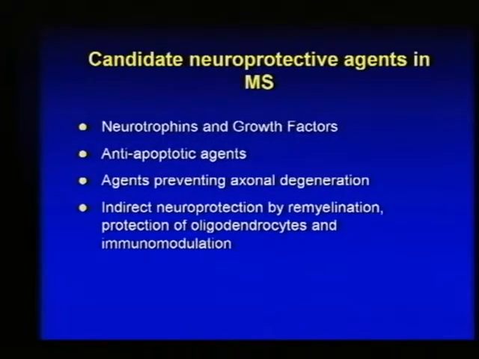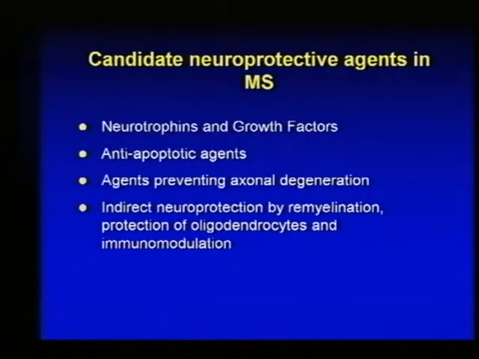So what possible agents can we use? This describes some of the classes of agents that we can use. We can try and make the neurons as healthy as possible with neurotrophins, which are really nerve growth factors. We can give agents that prevent neuronal death, the so-called anti-apoptotic agents.